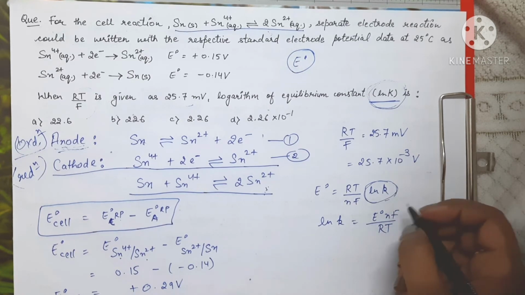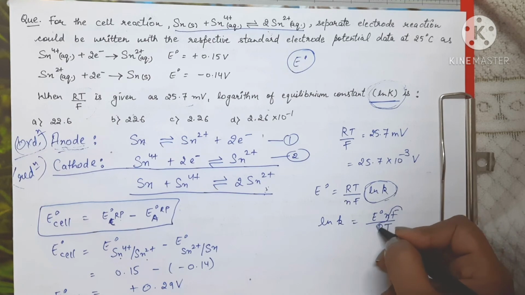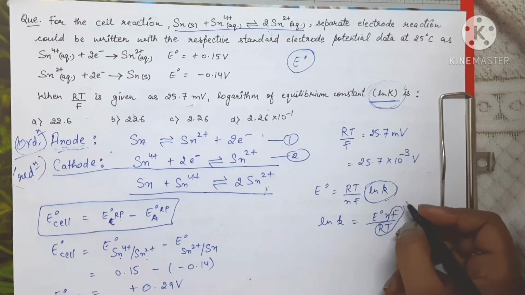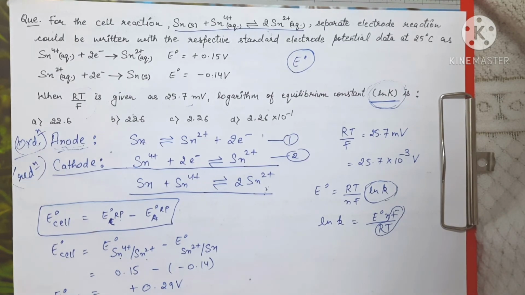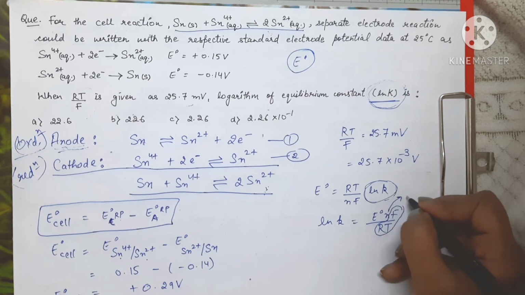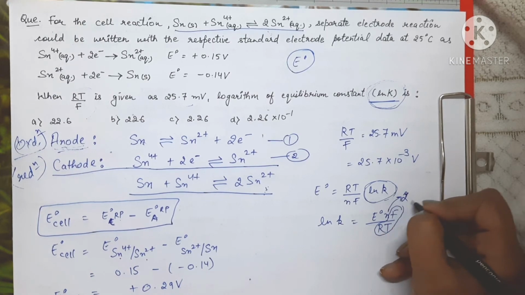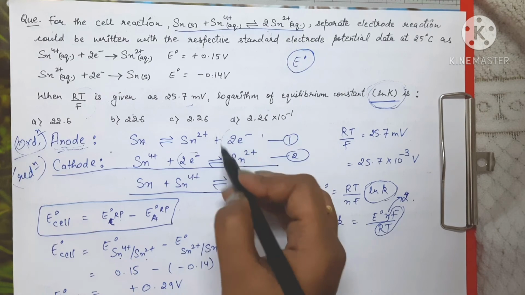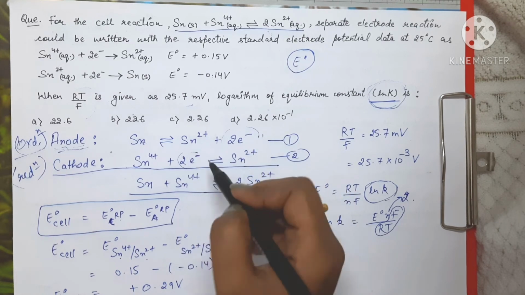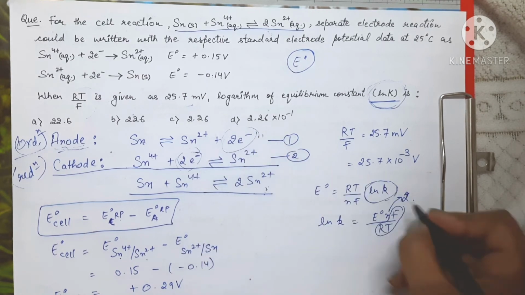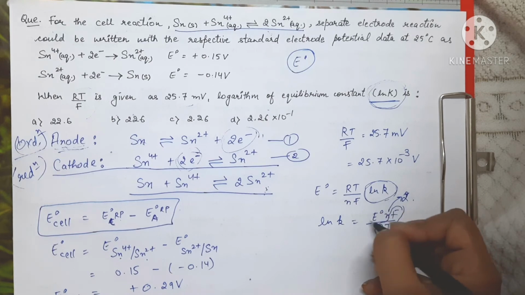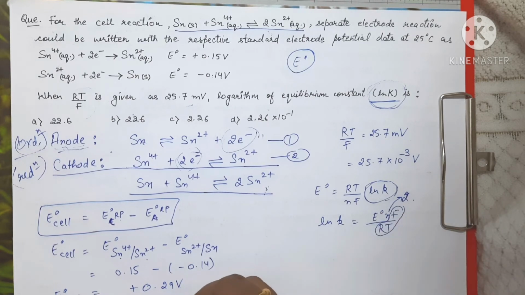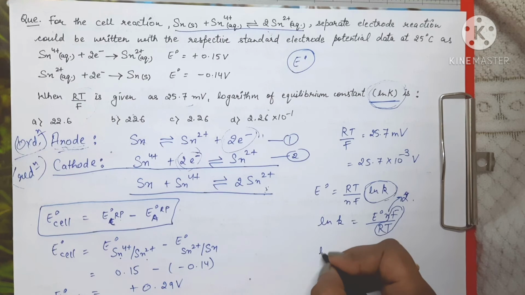Value of RT by F is given, and what else we can find out? N. Value of N is 2. N is the number of electrons which are appearing in these half cell reactions. That is 2. So the value of N is 2 and E naught we have found to be plus 0.29. We just have to put the values.